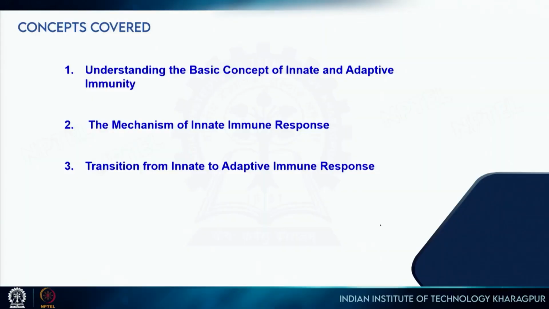So in this lecture, I will mostly explain the basic concept of innate versus adaptive immune system, followed by the mechanism of innate immune response, and how over time the transition from innate response to adaptive immune response happens, that I will also explain.